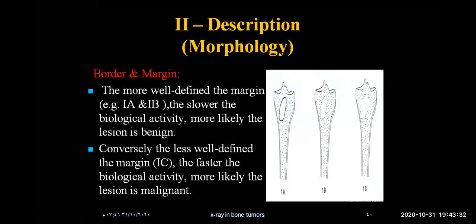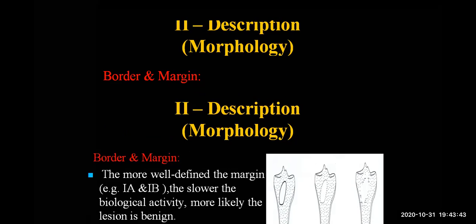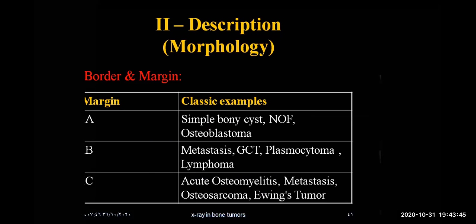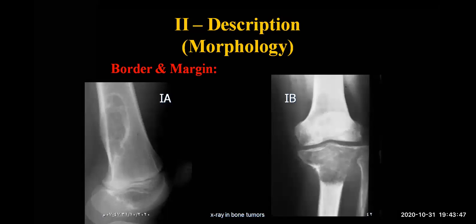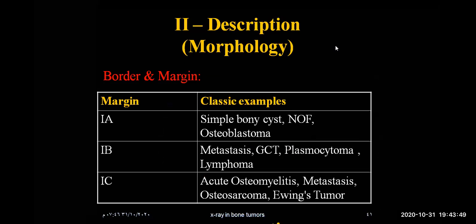As I said, the more well-defined the margin, the slower the lesion and the more likely it is benign, and vice versa. These are just examples. A: enchondroma, non-ossifying fibroma, osteoblastoma.